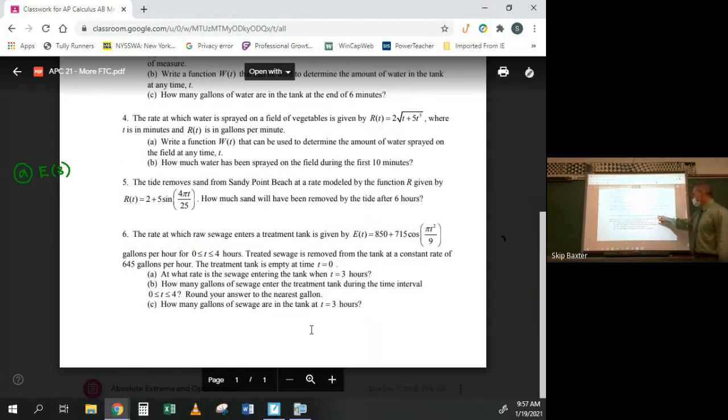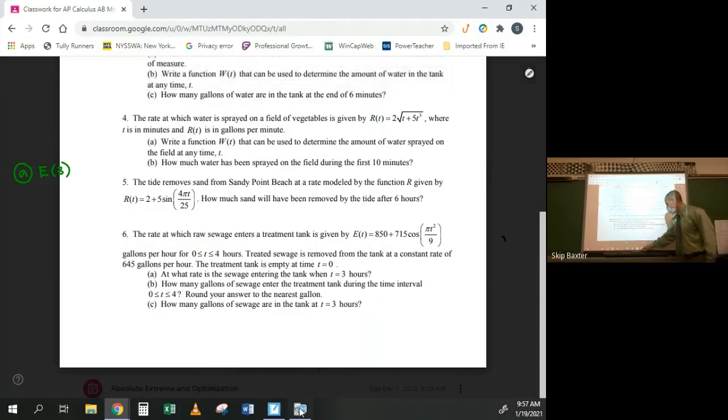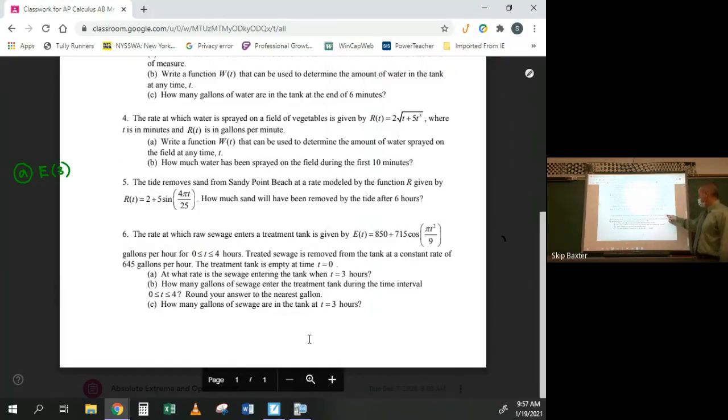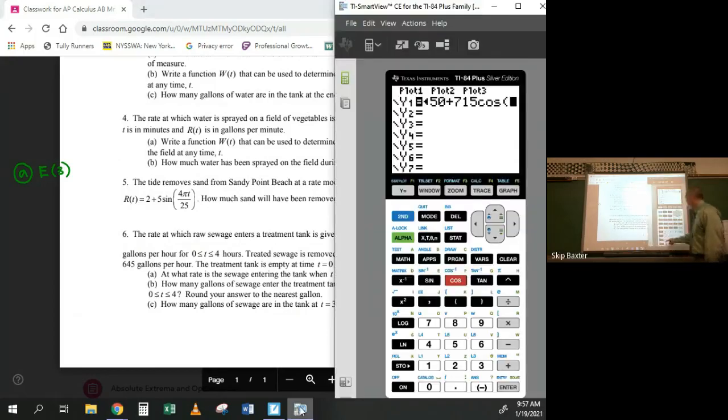So this is 850 plus 715 cosine of pi t squared over 9. So pi x squared divided by 9. Okay, so there's E of t.